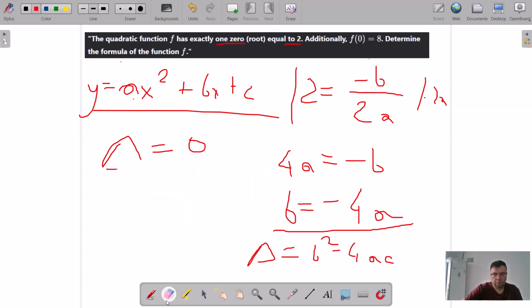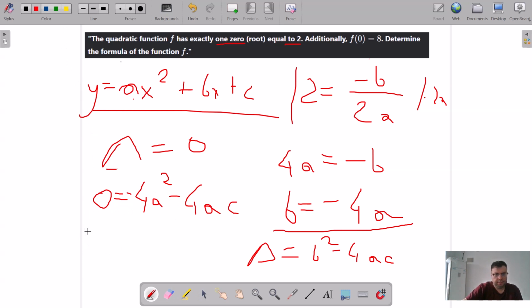We write that 0 equals b squared, which is the same as minus 4a squared, minus 4ac. So we already have a kind of quadratic equation here. We can solve this quadratic equation to find what a is.